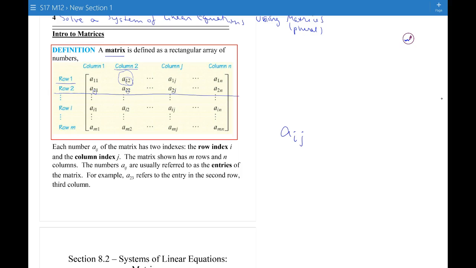So this matrix has m rows and n columns. The numbers in there are usually referred to as the entries in the matrix. So a subscript 2, 3 is talking about the entry in the second row and the third column.